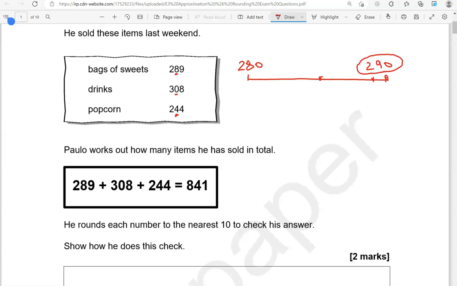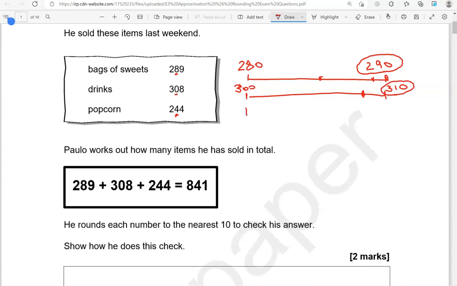Looking at 308, that is in between 300 and 310. 308 is roughly about here, so that is very close to 310.